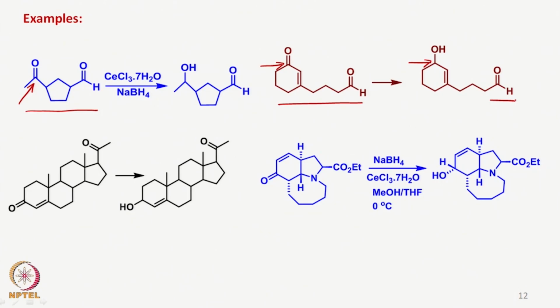But then the mechanisms which we discussed, where mixed methoxy borohydrides are formed, where it is expected that the ketonic oxygen is more Lewis basic, and similarly the alpha beta unsaturated ketone's oxygen is more basic than the corresponding aldehyde here, is the reason why the aldehyde does not react with the reducing agent, and specifically the ketone, or the ketone of an alpha beta unsaturated ketone, gets reduced.